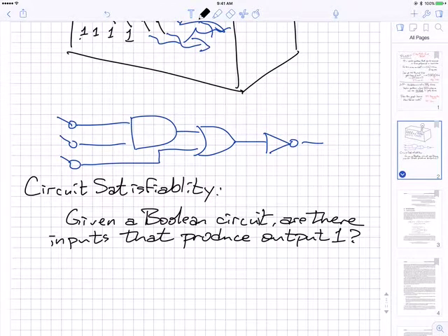Right? I can convince you the answer is yes quickly by just telling you, try these inputs. You can grind through.